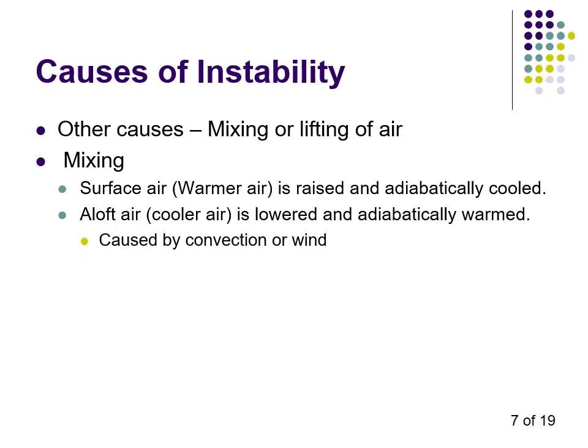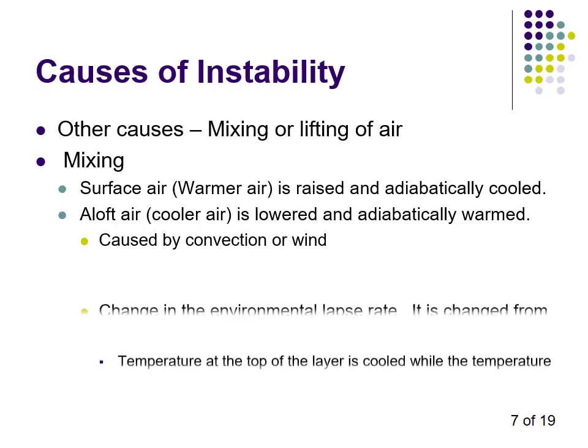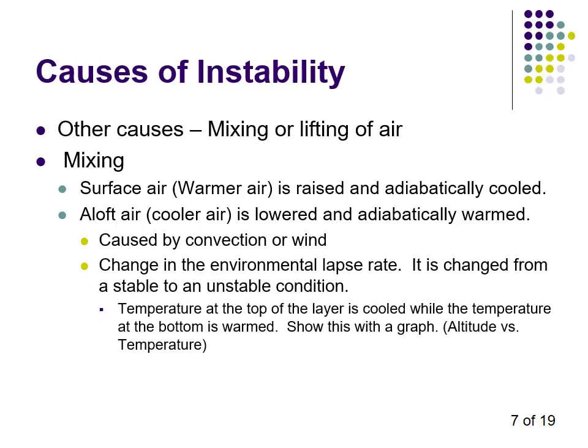This could be caused by convection, for one, or wind. And so what happens is you get a change in the environmental lapse rate. It is changed from a stable environment to an unstable environment. How can this happen? Well, the temperature at the top of the air layer could cool, while the temperature at the bottom of the air layer will warm.